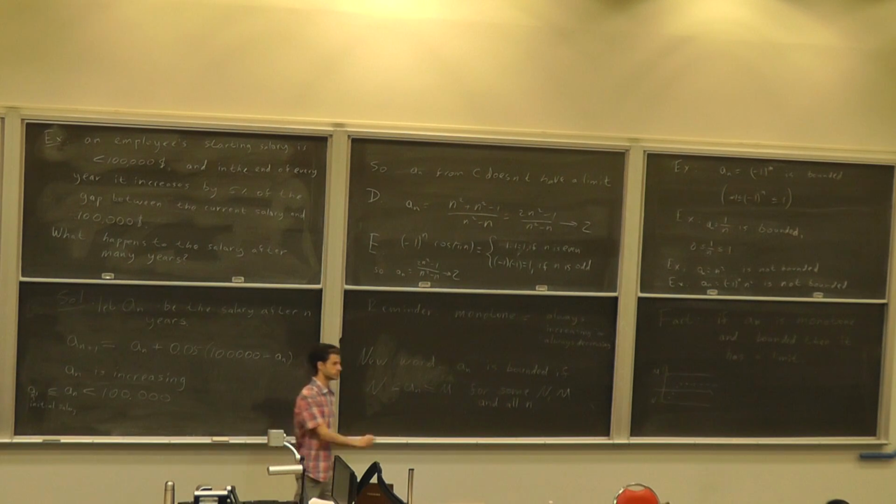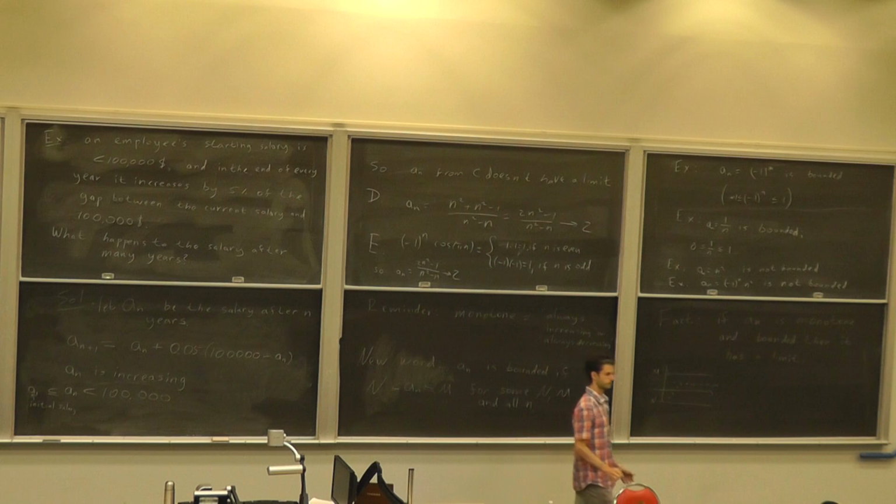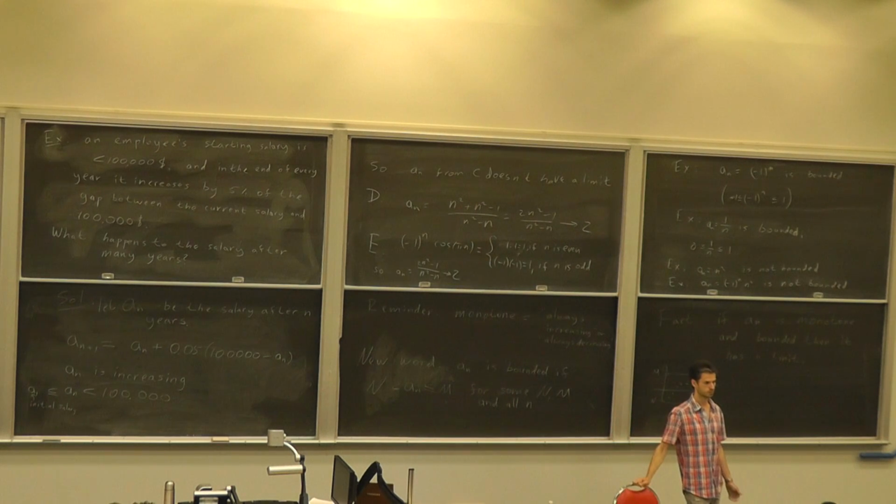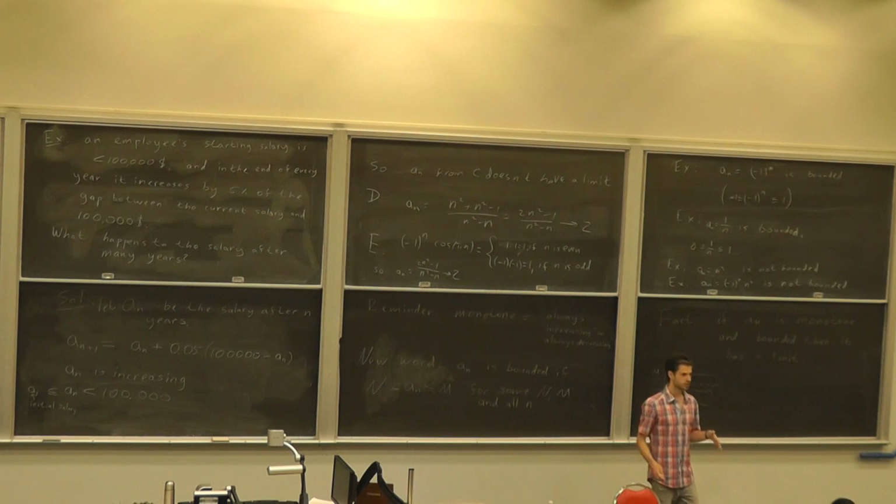So this thing is bounded. Can it be equal to 100,000? No. So what happens is, suppose that right now the salary is smaller than 100,000. What's going to happen next year?